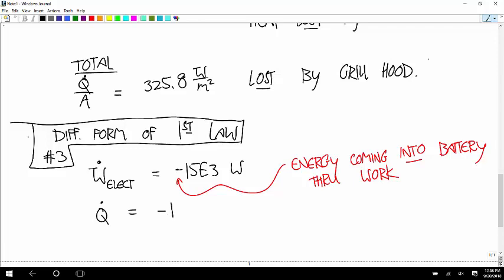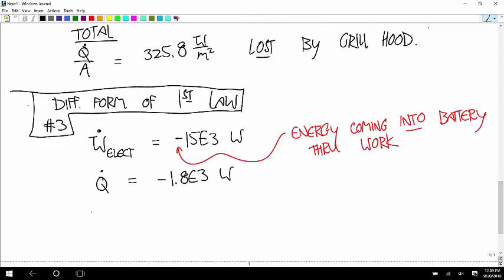It's negative 1.8 times 10 to the third watts. For 8 hours of operation, determine the total amount of energy stored in the battery.